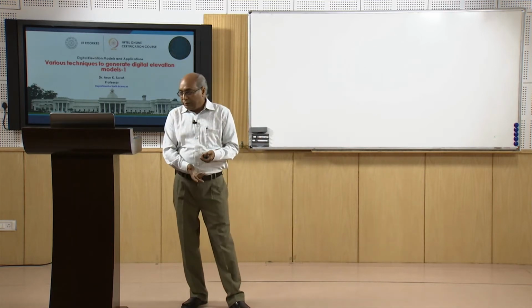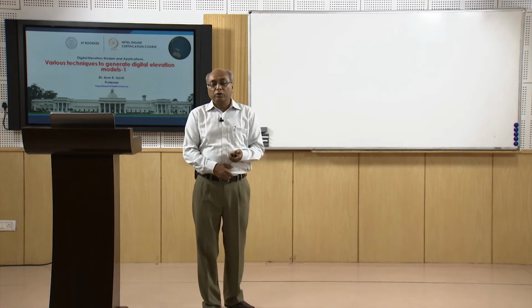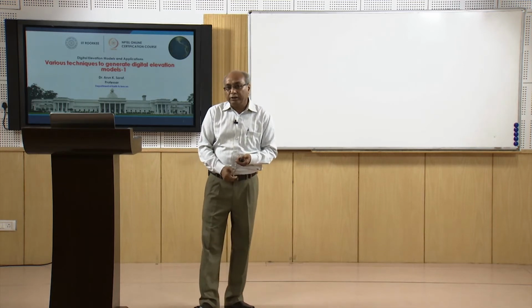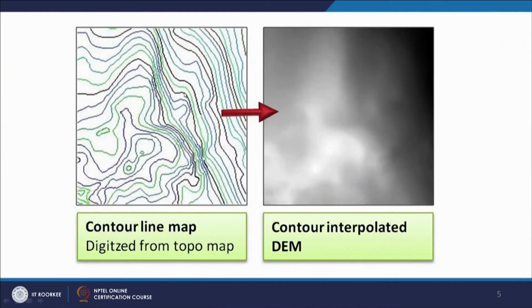This was very popular before we got global digital elevation models, especially I am talking about SRTM or ASTER GDEM. Now, as we can see here, these are the contours represented, and the same contours can be used to create a surface that is nothing but a digital elevation model, and this is how it will look.